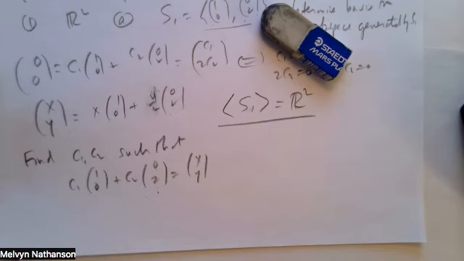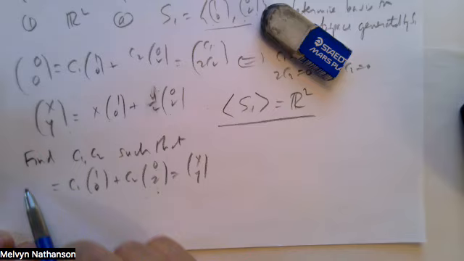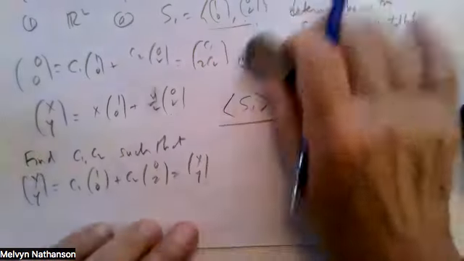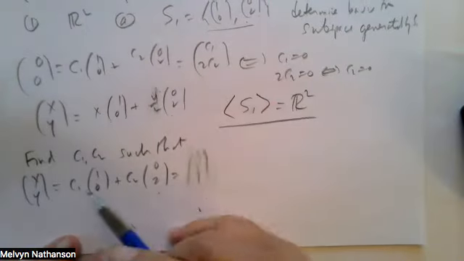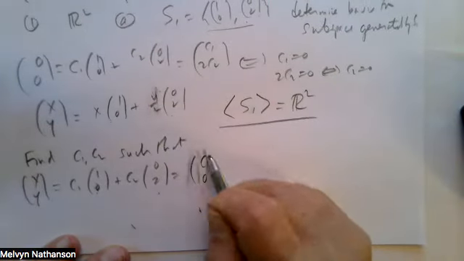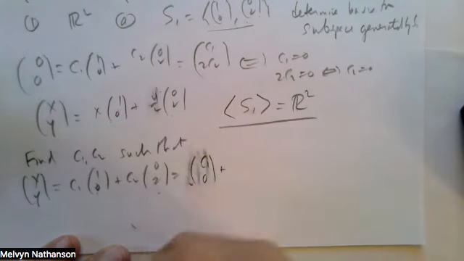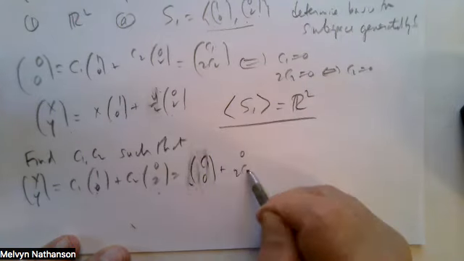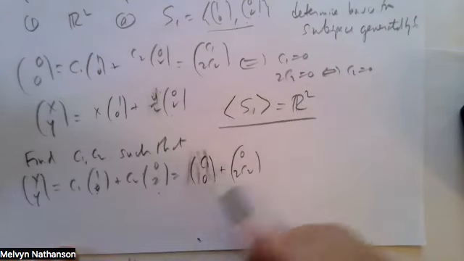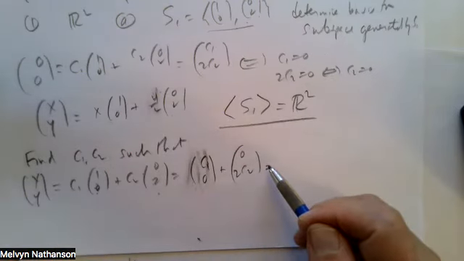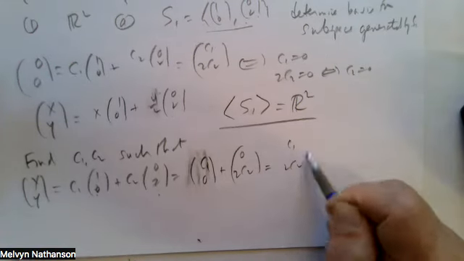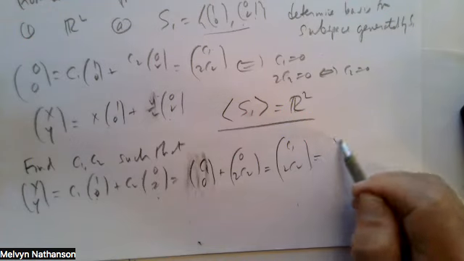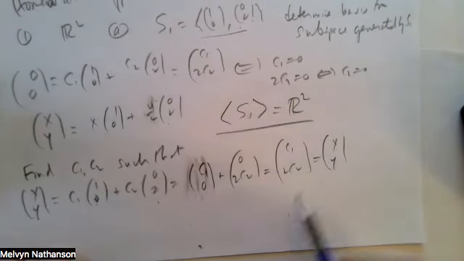If you write this out, C1 times (1, 0) is (C1, 0), and C2 times (0, 2) is the vector (0, 2C2). If you add these two vectors, you get (C1, 2C2), and you want that to be (x, y).